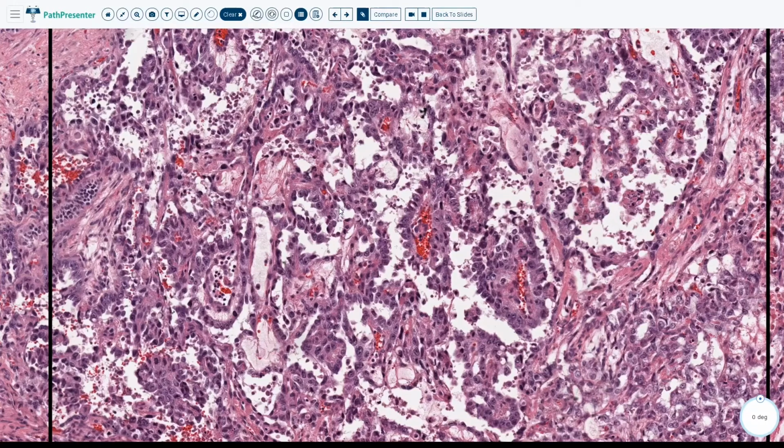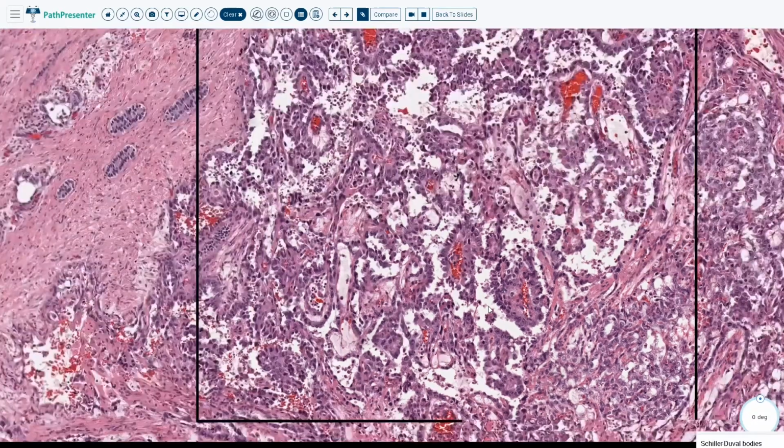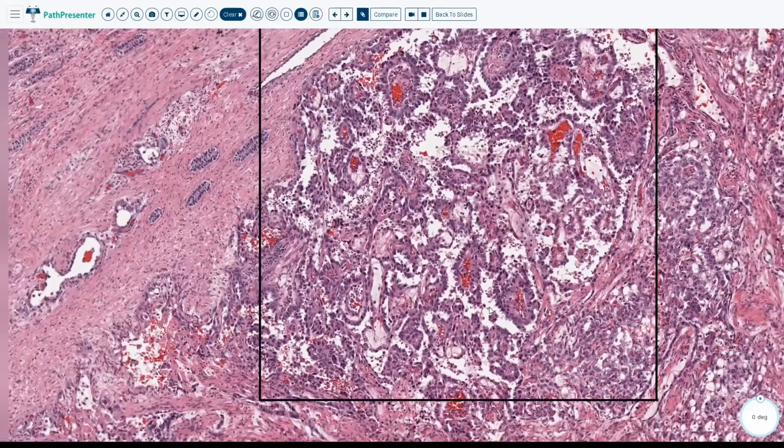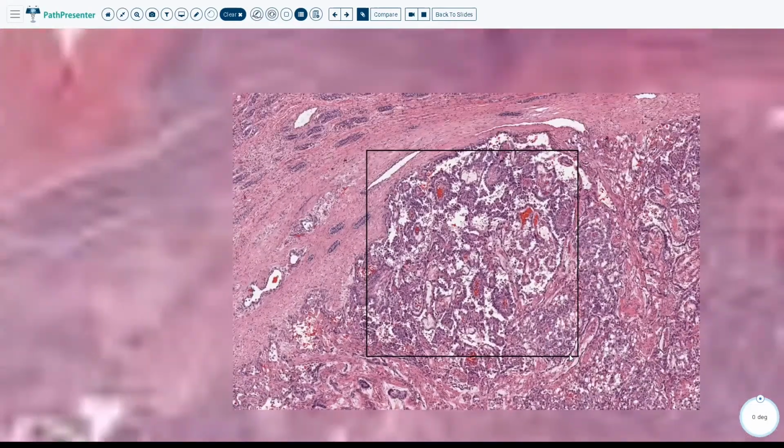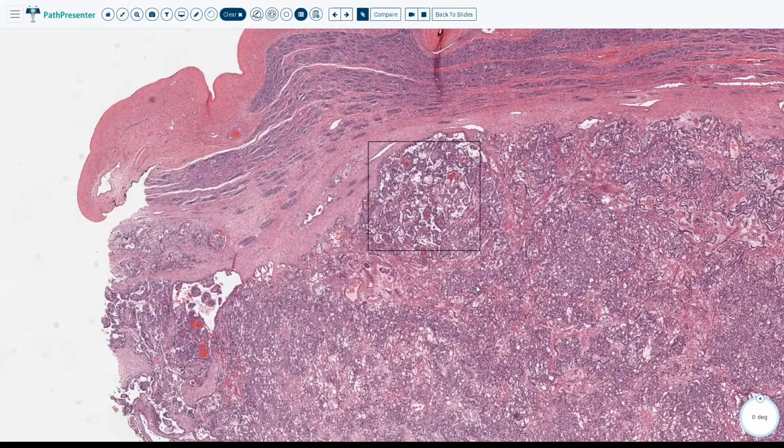So we've gone ahead and annotated this so that these are easier for you to find. If we zoom out, you can see that I've added in there Schiller-Duval bodies. The Schiller-Duval bodies are one thing that's indicative of the endodermal sinus pattern. They don't have to be seen all the time with this type of lesion.